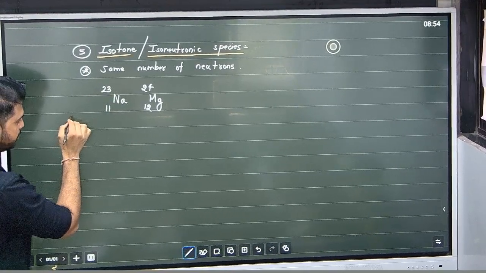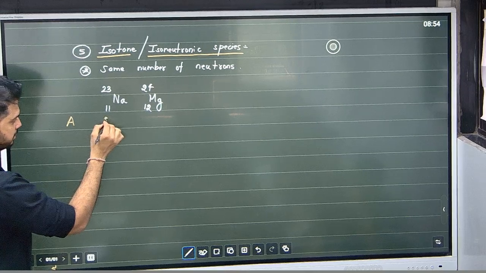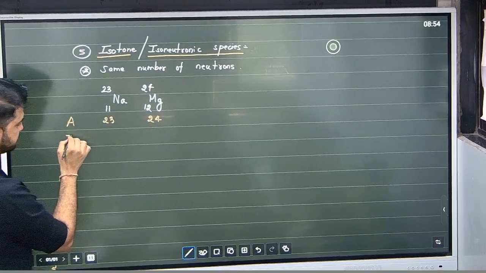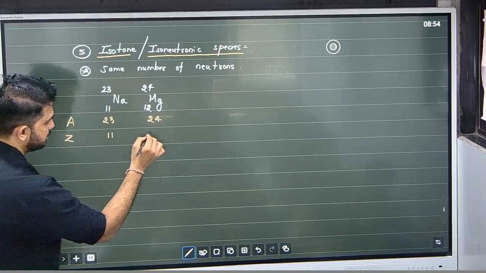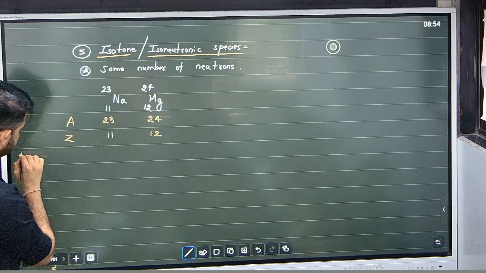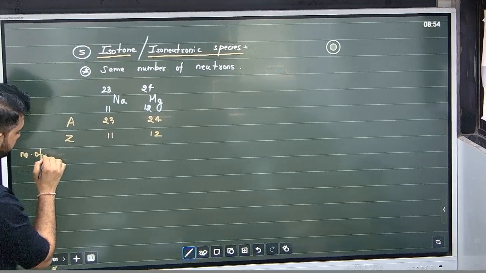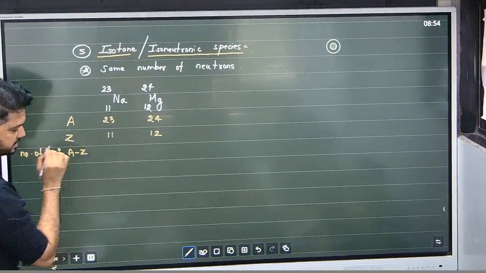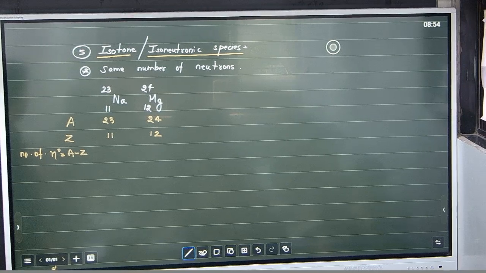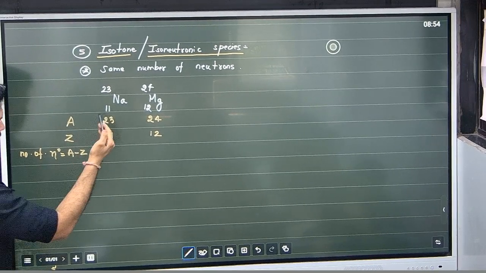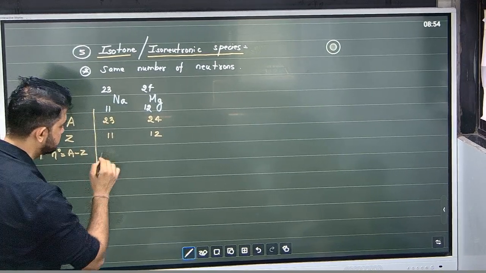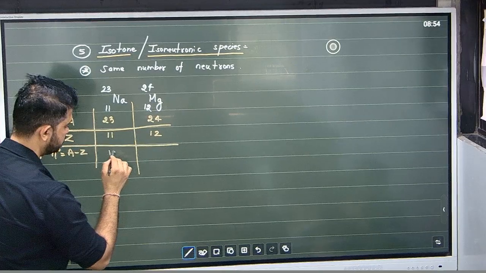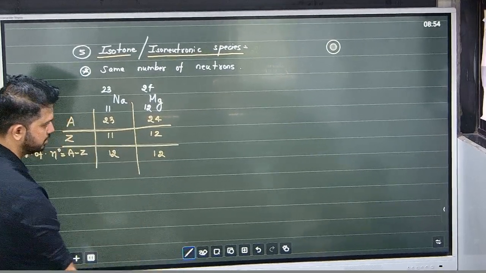That's the atomic mass number, and Z is the atomic number. To find the number of neutrons, how do you find number of neutrons? It is A minus Z, atomic mass number minus atomic number. 23 minus 11 is 12, and this is also 12.